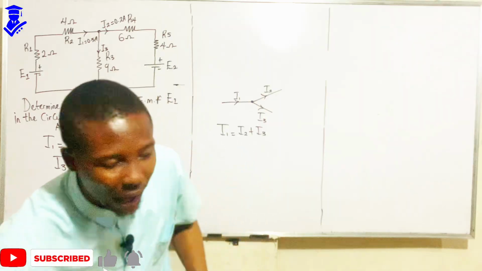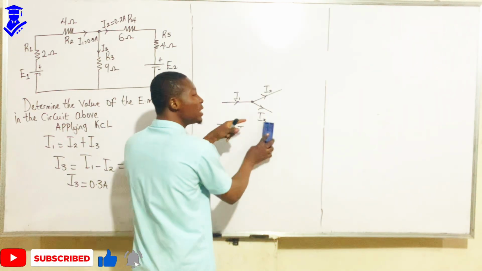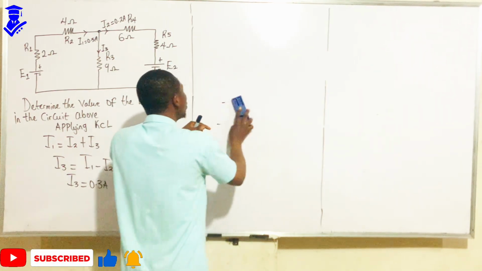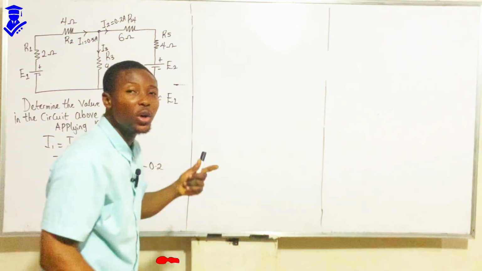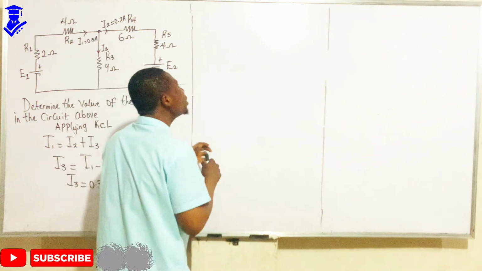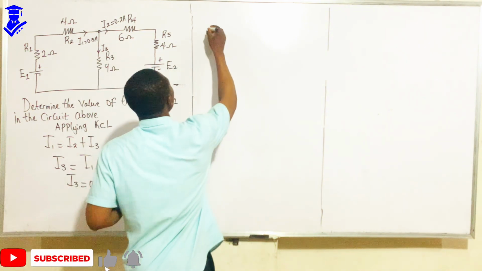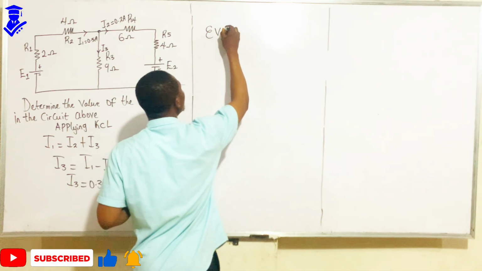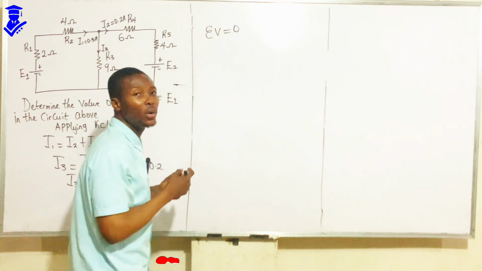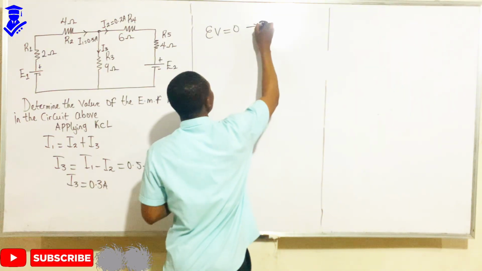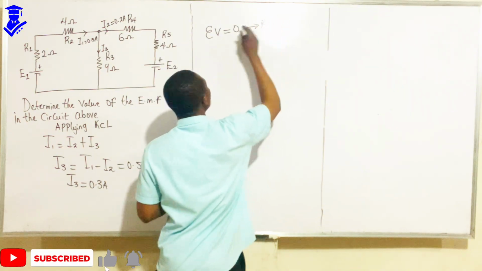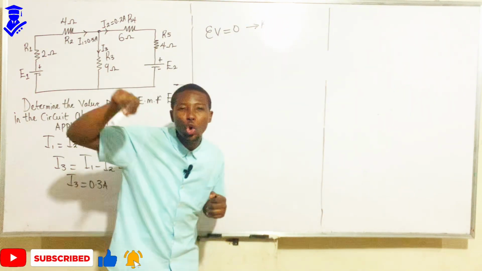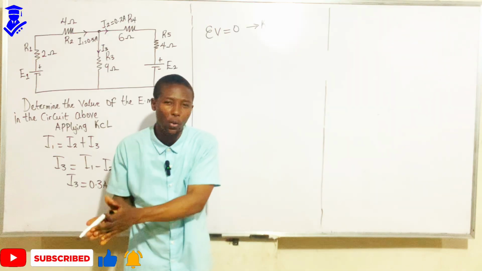I hope you understand this concept. Now we'll use Kirchhoff's voltage law. What does it say? It says that the sum of voltage or EMF in a closed loop equals 0.